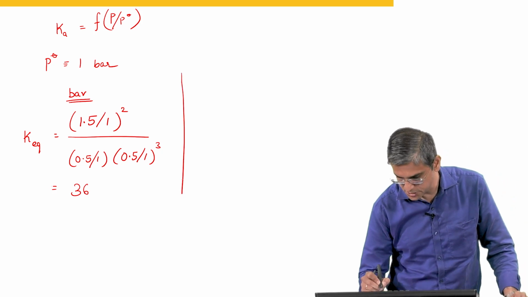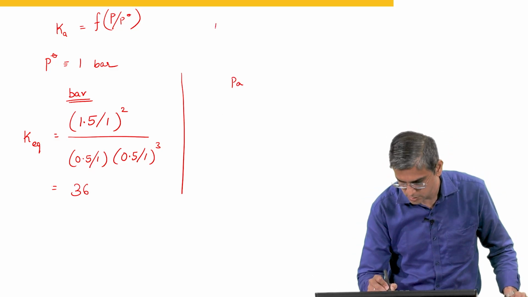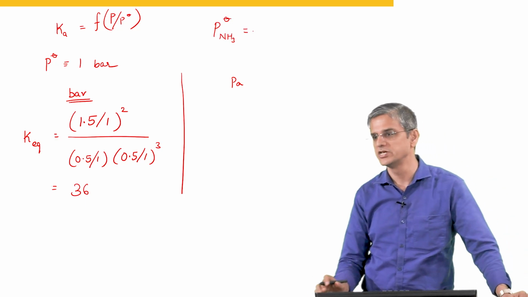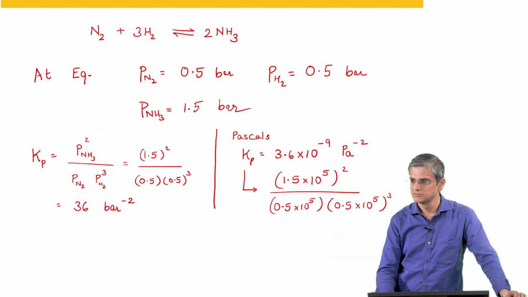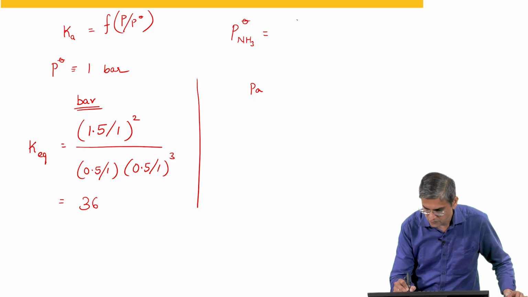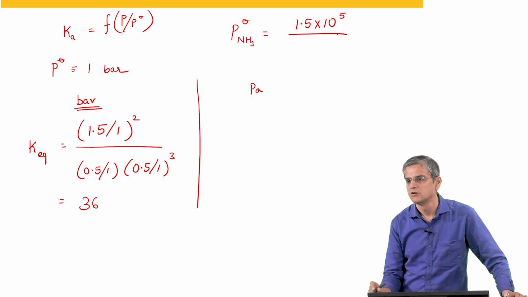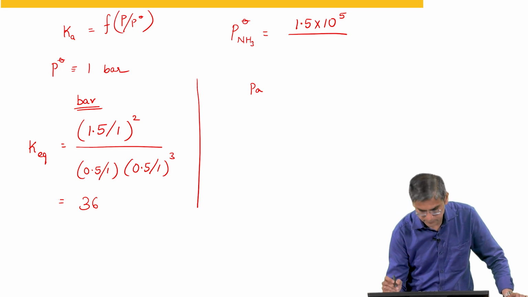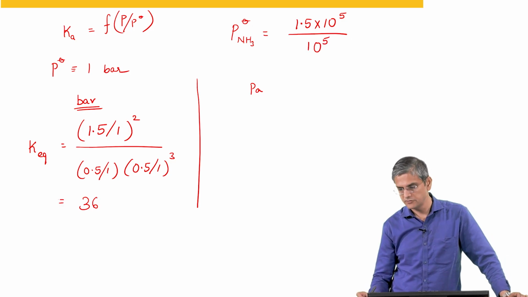Let us do the calculation in pascals. What is the pressure of NH3 in pascals when you are doing this calculation in pascals? 1.5 times 10 to the power 5. What is 1 bar pressure in pascals? 10 to the power 5.